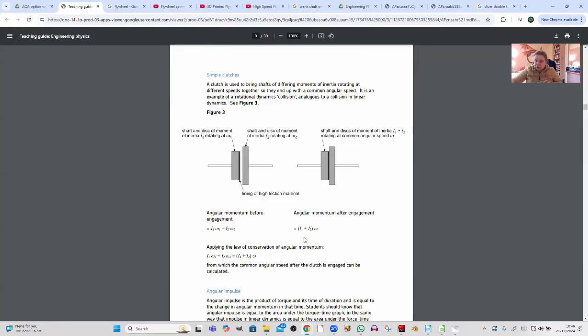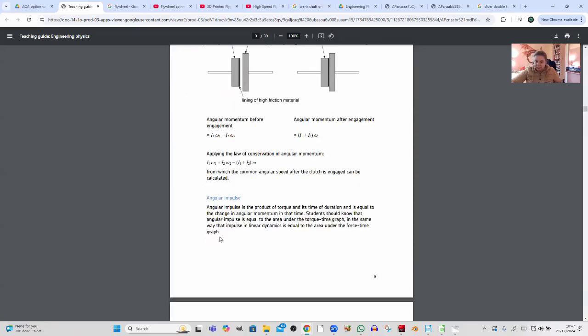So you have to add the two equivalent moments of inertia, and you multiply it by the common angular speed because they are now locked together. So you've got one thing spinning, the other thing was stationary, and now they're locked together and they're both spinning with the same angular speed. Drawing a picture of before and afterwards nearly always helps. The angular momentum before, the angular momentum after.